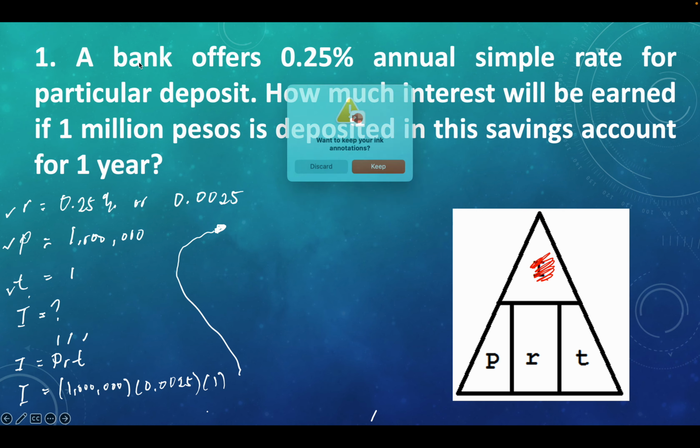So, lagay lang natin siya sa calculator. So, 1 million times 0.0025 times 1. So, our answer will be 2,500.